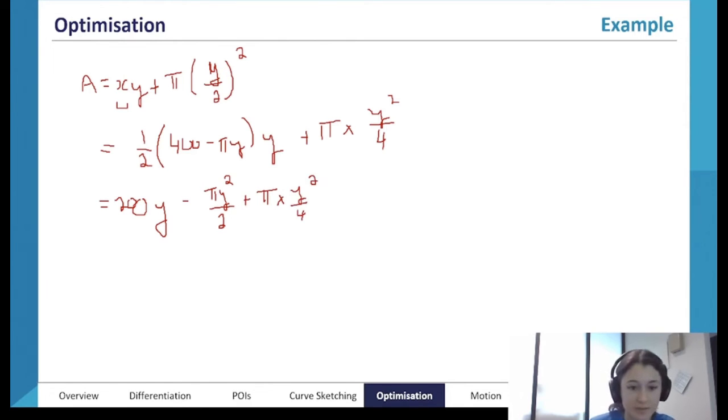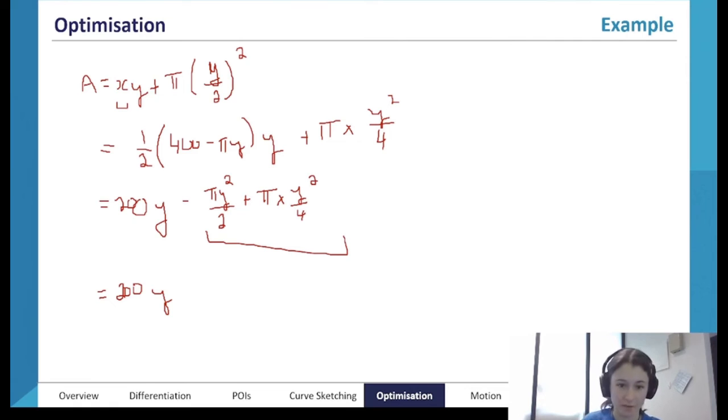So as you can see, these two here are almost like terms. So we can have 200y, and then if we have a half of pi y squared plus a quarter, we have negative a half plus a quarter, we are going to get a negative quarter.